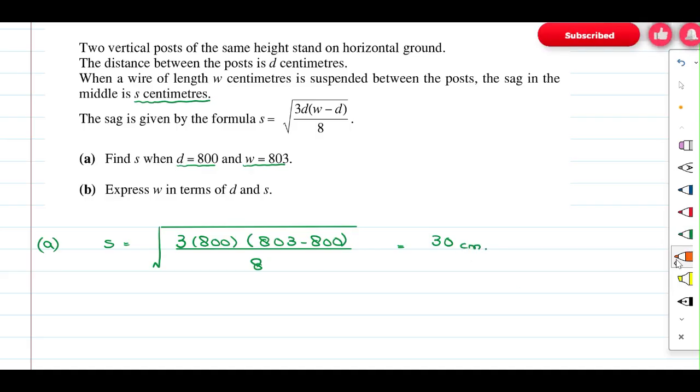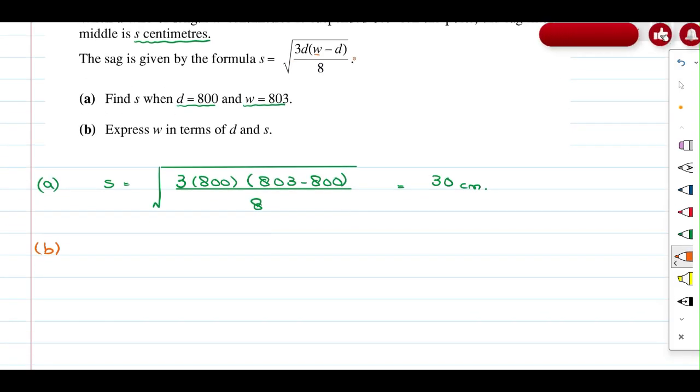All right. Now for part B, the question is you need to express W in terms of D and S. Here S is in terms of D and W. So if I rewrite, S equals the square root of 3D into W minus D, divided by 8. We need to solve for W, right? W is under the root sign, so the first step is to take the square on both sides.